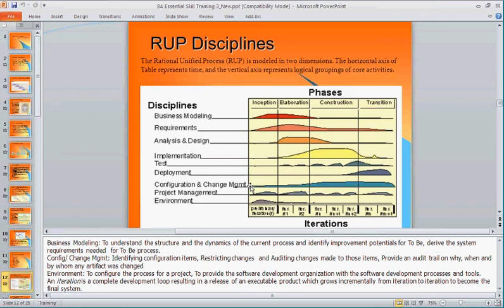Same goes for project management. When you are doing a RUP project, you know it is an iterative approach. You need to figure out how many iterations you want to have. Should there be 3 iterations per phase? Are you looking at 6 iterations in construction and 3 iterations in elaboration or inception?